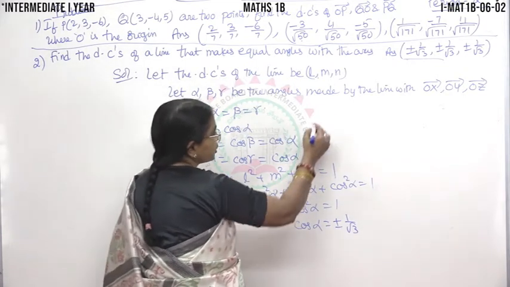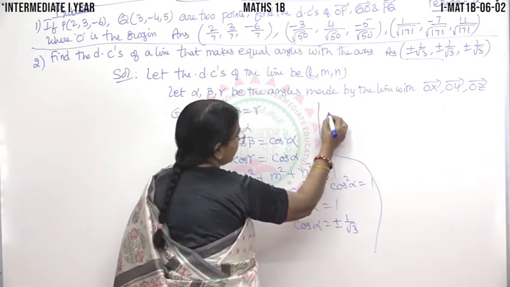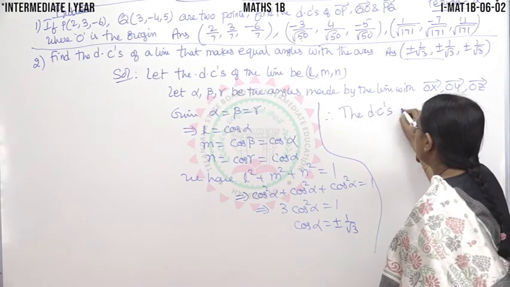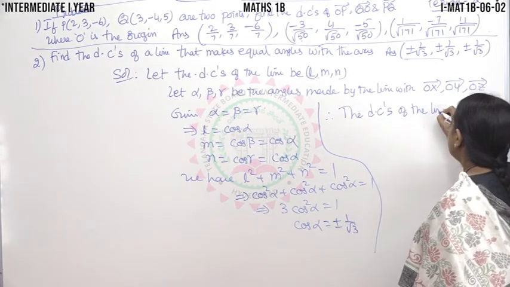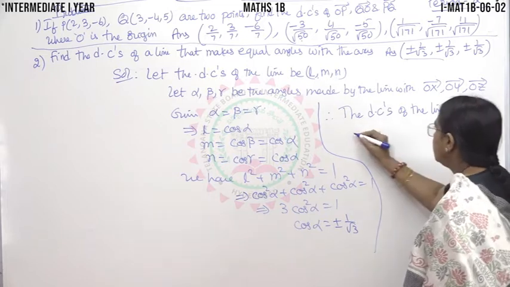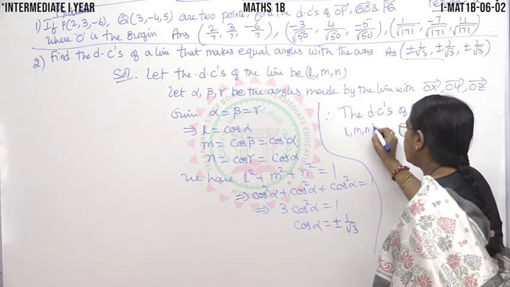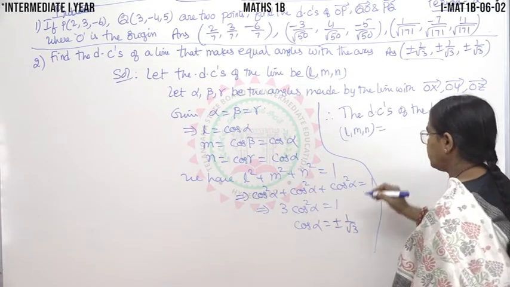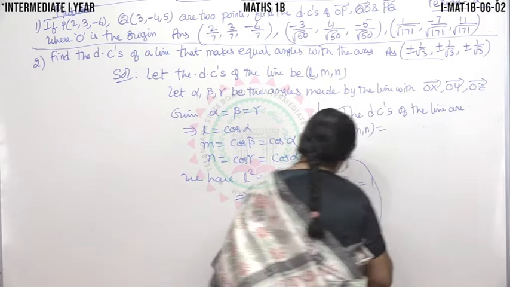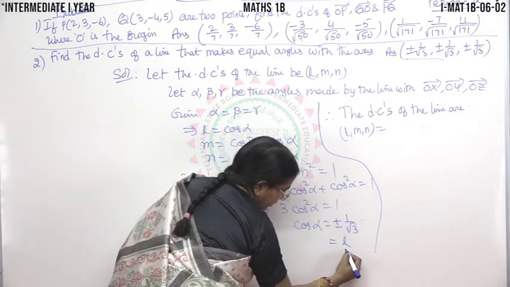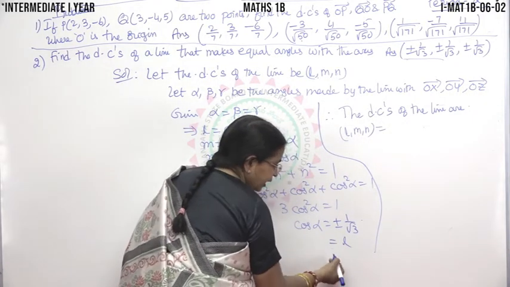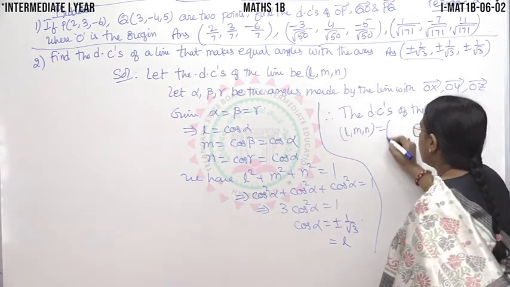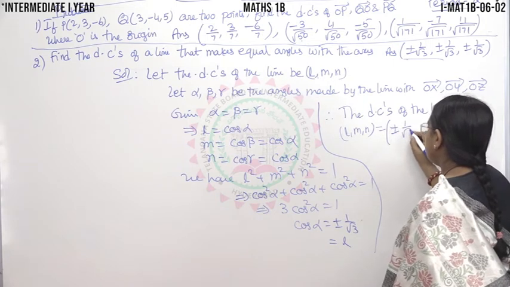So therefore the direction cosines, the DCs of the line, are L, M, N. When you substitute, cos alpha is L, so it is plus or minus 1 by root 3.